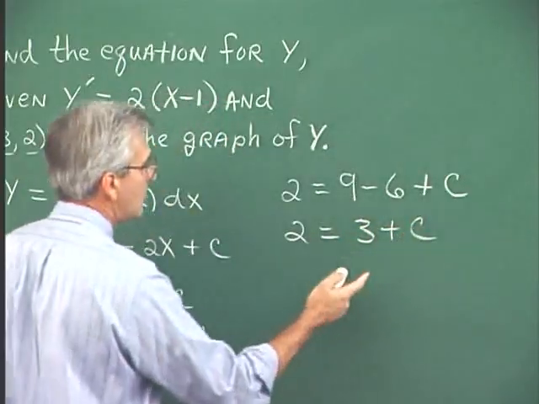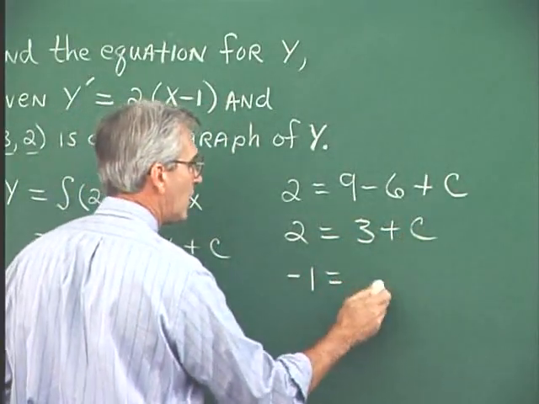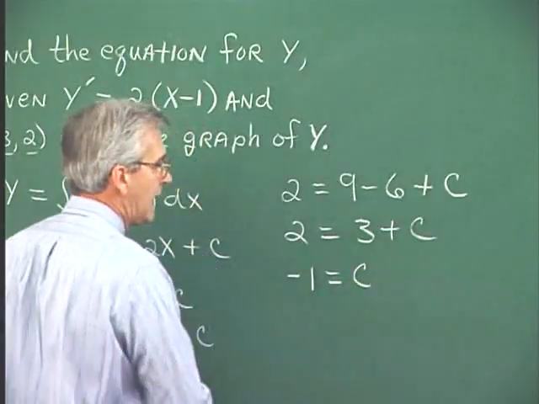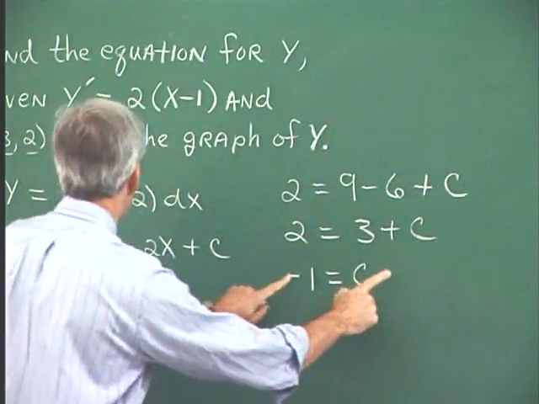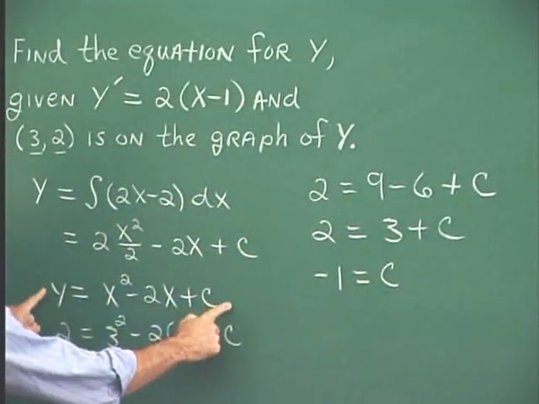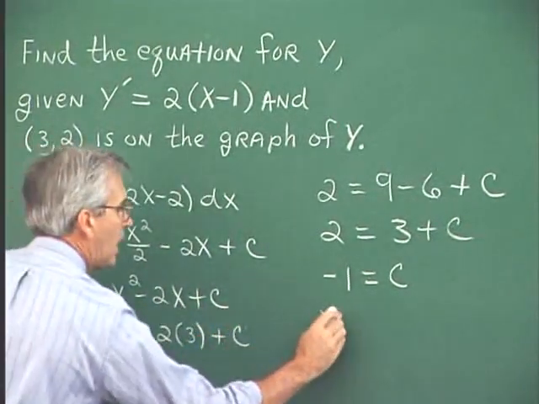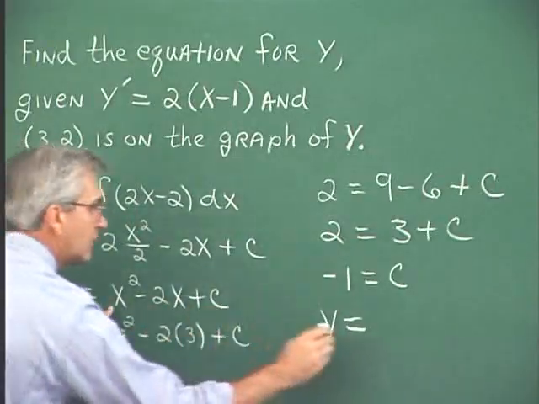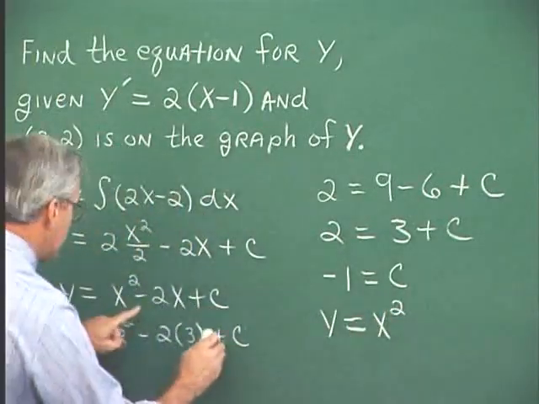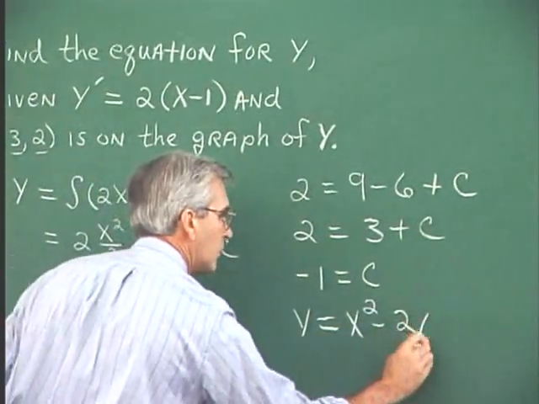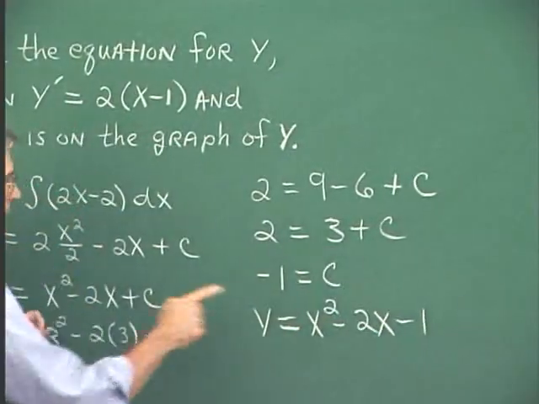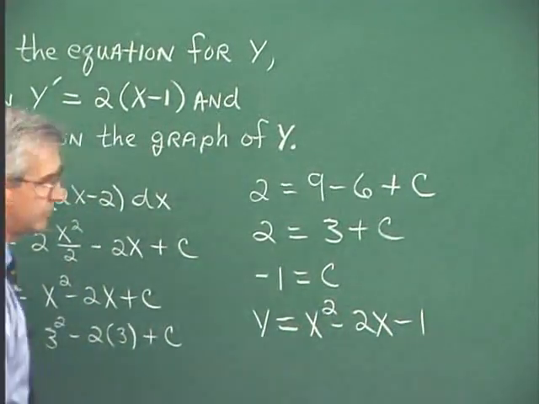Now subtract 3 on both sides, that's pretty easy. We have negative 1 equals c. And if c is negative 1, then we take this general form right here and replace the c with negative 1. So that'll give us y equals x squared minus 2x minus 1 as the equation that we're looking for.